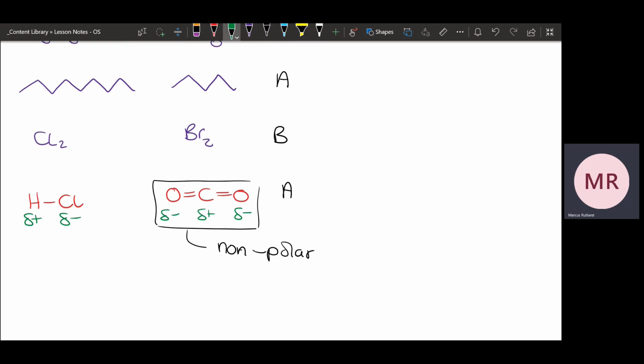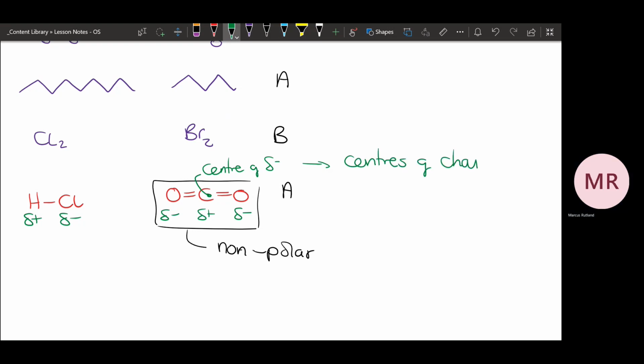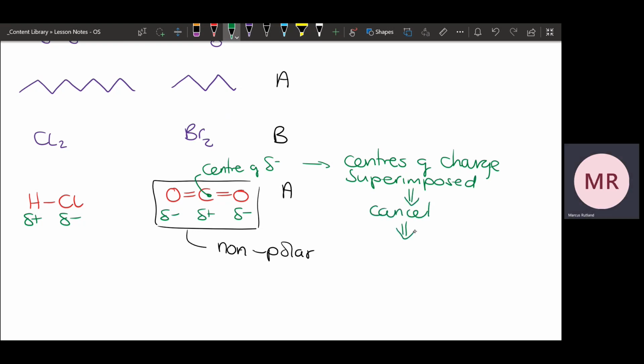And do you remember that this is the thing where the center of delta minus would be on the carbon like that. So the centers of charge are superimposed. So they cancel. So it's not a polar molecule.